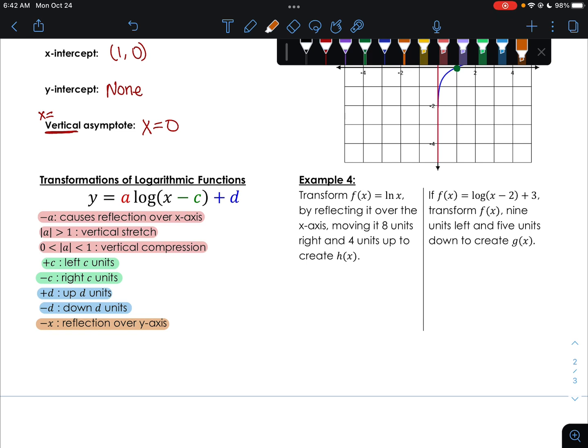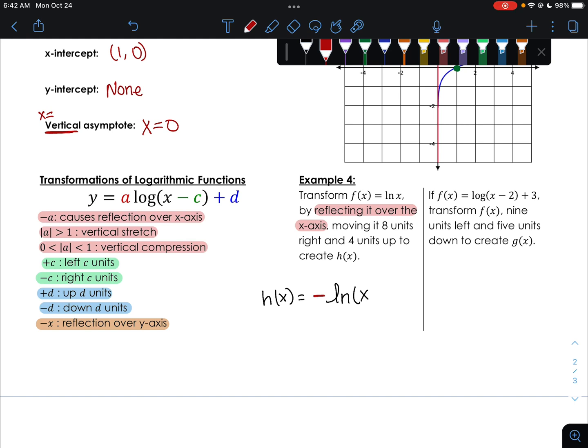Okay, so let's look into our two examples. On example number 4, it says transform f of x equals the natural log of x by reflecting it over the x-axis, moving it 8 units to the right and 4 units up to create h of x. So we're going to start with our base function right here. It's going to be the natural log of x, and we're going to add in everything we need. First we're going to reflect it over the x-axis, so I put a negative out in front.